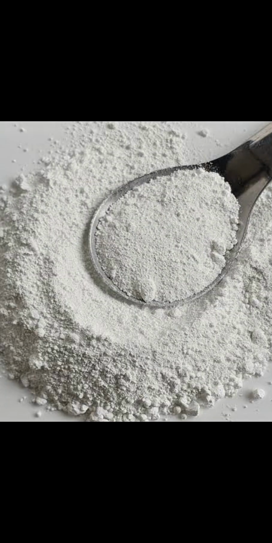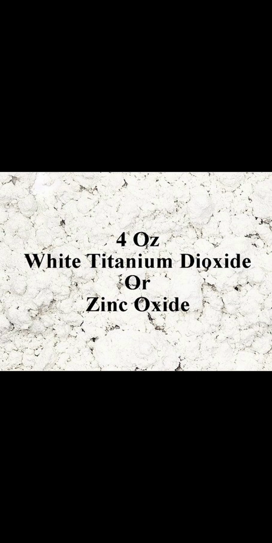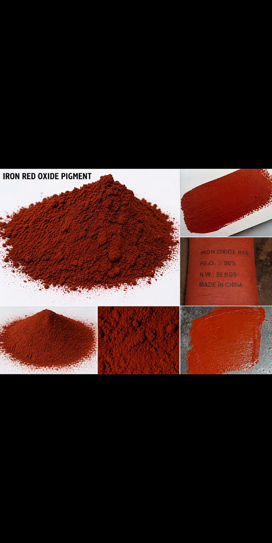It improves opacity. It makes color appear cleaner and brighter. It improves UV resistance. It also helps to reduce fading. A lot of people will tell you it's just for whiteness, but no, it has a lot of functions in paint production.